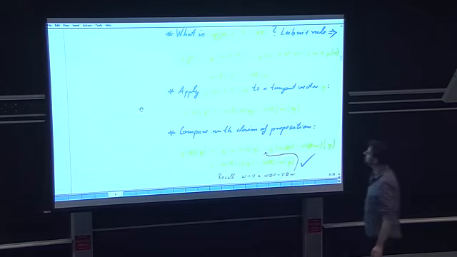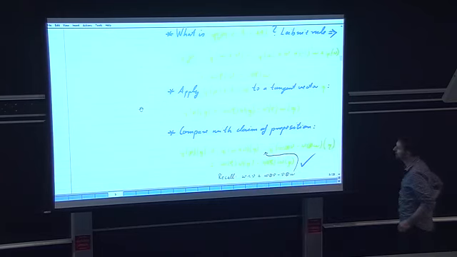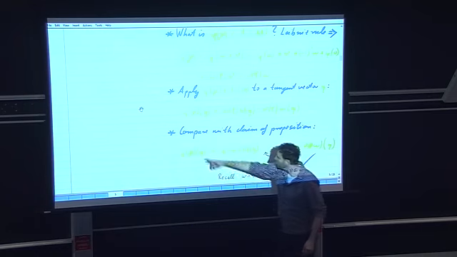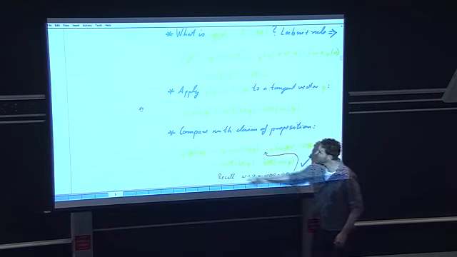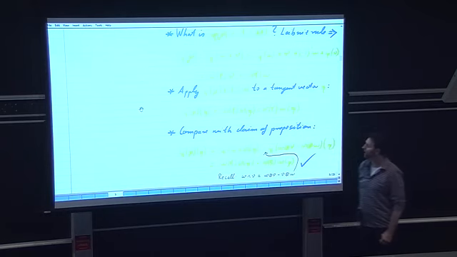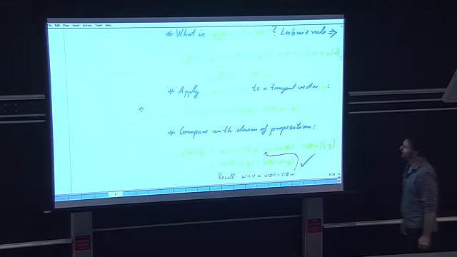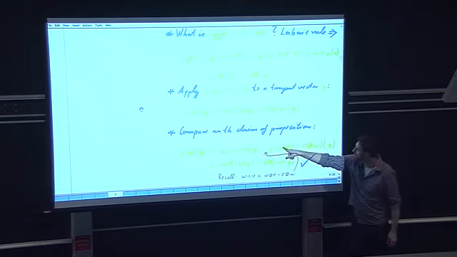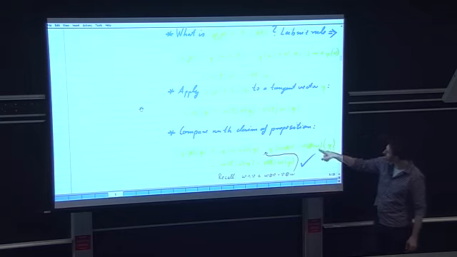So let's compare that with the claim of the proposition. The inner derivation of omega wedge nu applied to eta, spelled out, is the inner derivation acting on the tensor product of omega and nu minus nu tensor omega.